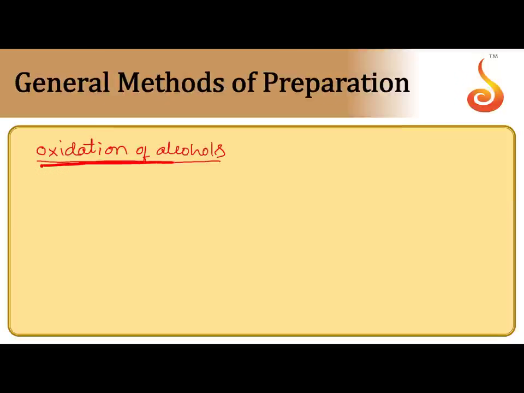Next, methods of preparation of aldehydes and ketones. By the oxidation of alcohols. When alcohol is subjected to oxidation, let it be primary alcohol, oxidizing agent like PCC or PDC you take, mild oxidizing agents.